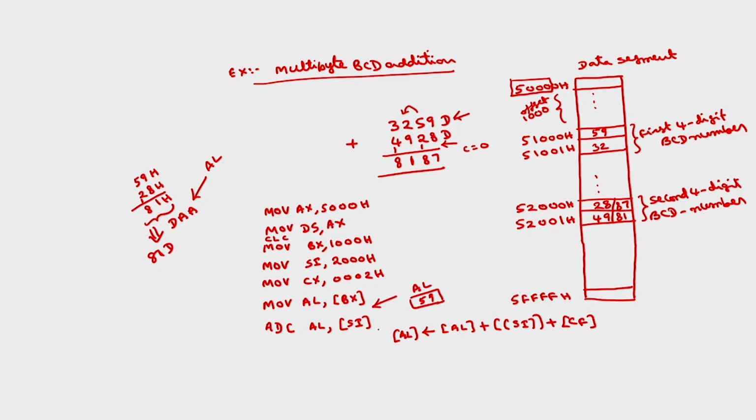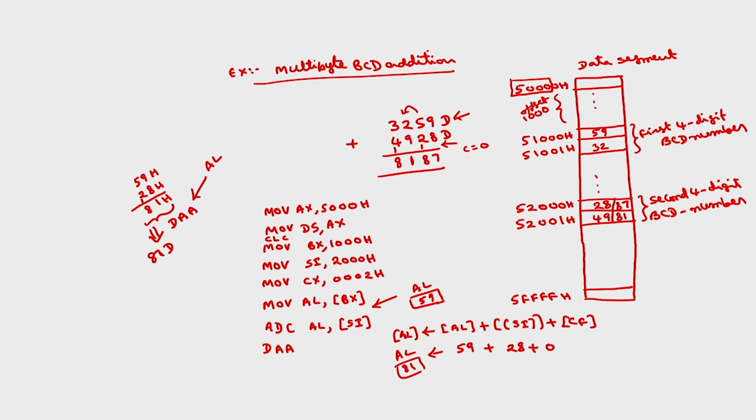So AL is having 59, this will be 28, and because I have cleared the carry flag this is 0. These three will be added and the result stored in AL. What will be there in AL? This will be 81, because it assumes hexadecimal, but the correct actual decimal result is 87. So to get that, after this you have to write DAA, so that in AL you will get 87.